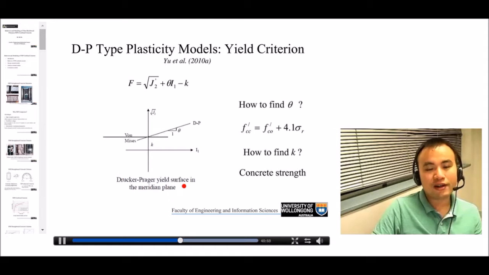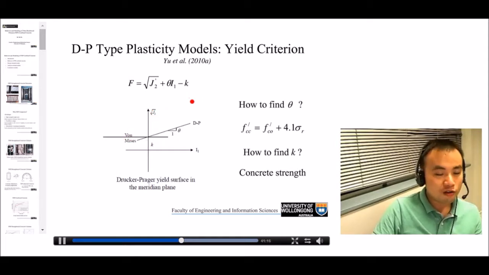So basically, in the meridian plane of the stress space, this function is a straight line in the plane, which means the shear strength increases with the hydrostatic pressure. This is different from the well-known Von Mises criterion for metal.